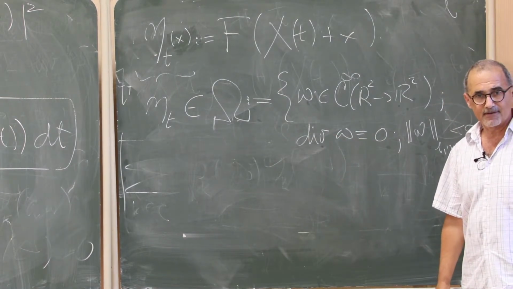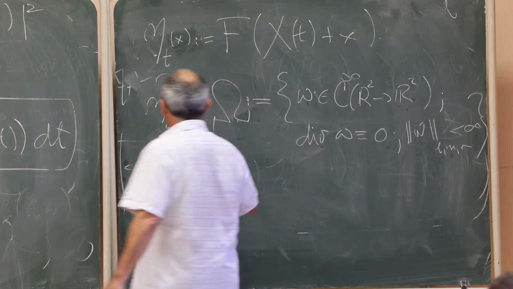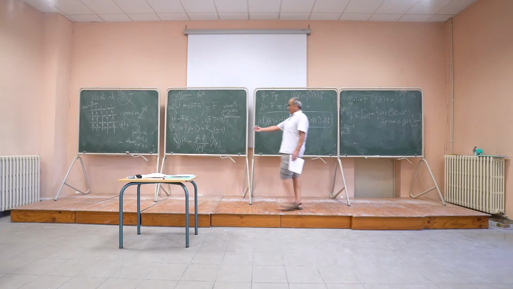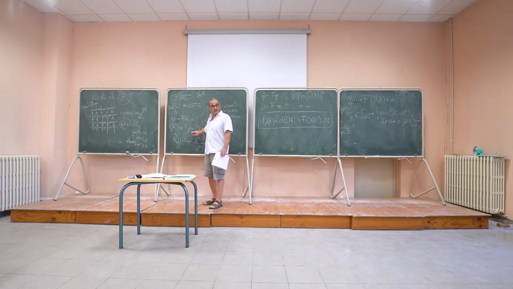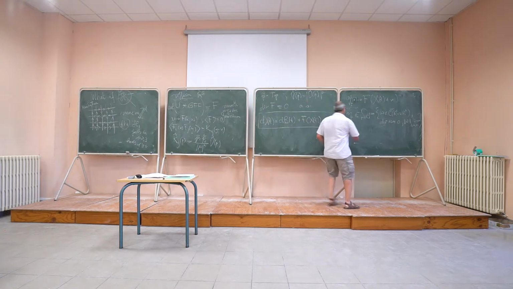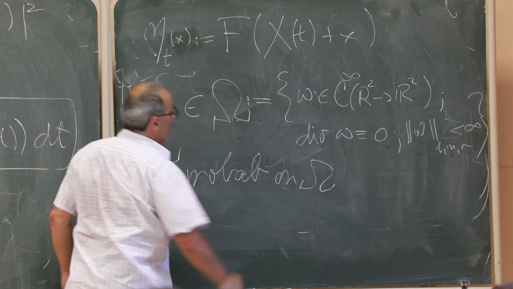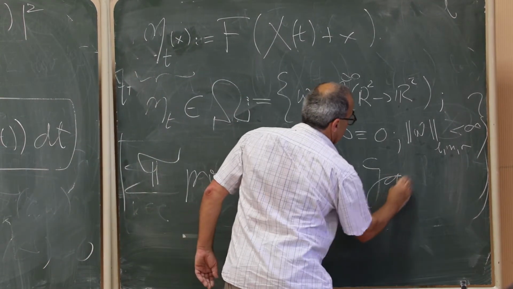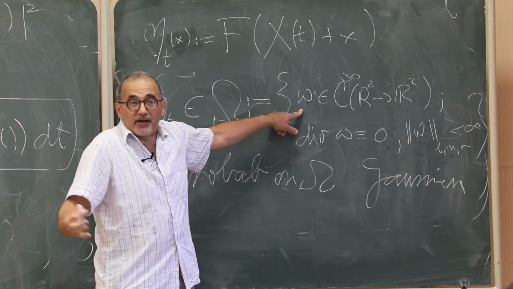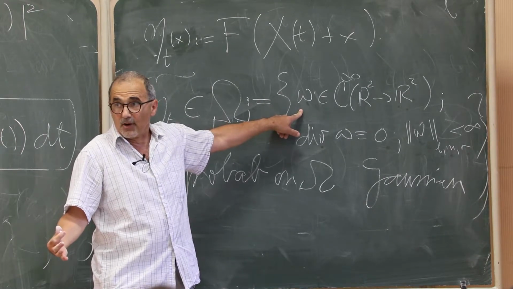So this is a decent function space, right? On this decent function space, I define a probability measure, which is the Gaussian measure I told you. A probability measure on omega, which is Gaussian. So that means under which any finite collection of omegas are jointly Gaussian, right?